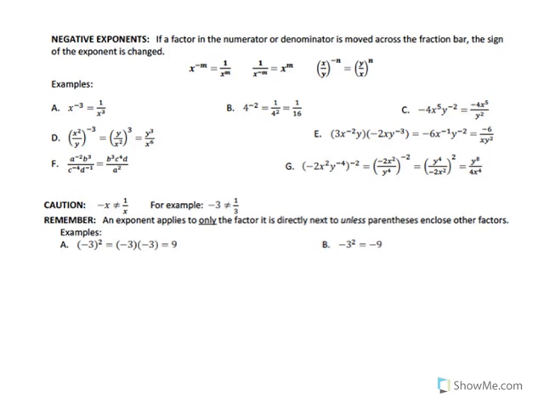Negative exponents. So basically, this looks very complicated, but it's easy. If you have x raised to a negative power, let's say x to the negative m, you just put it under 1, and the exponent becomes positive.